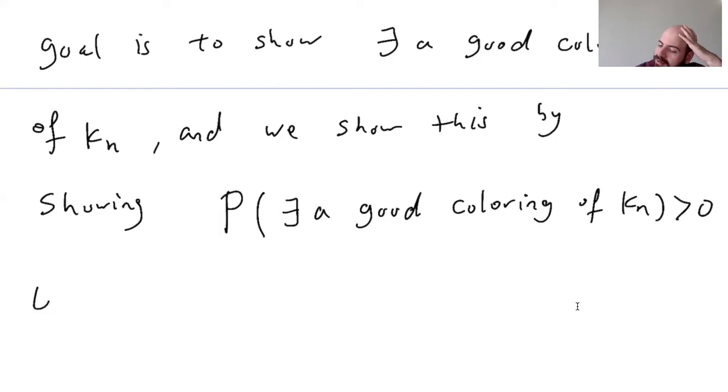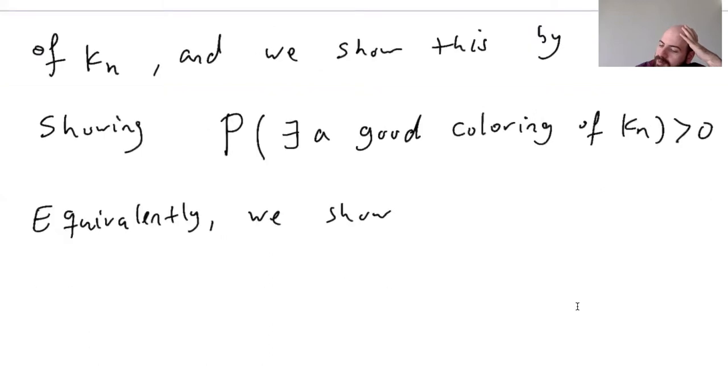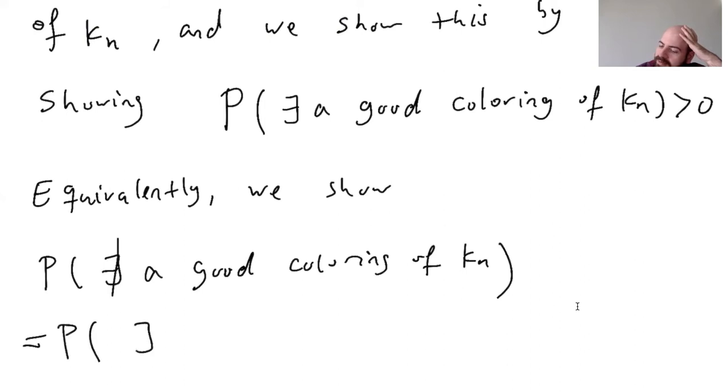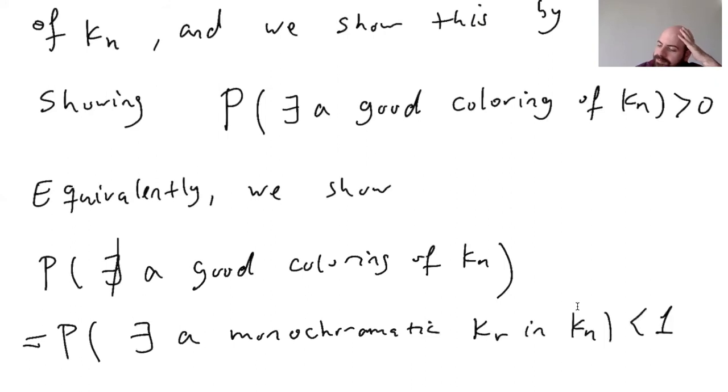So equivalently, we show that the probability that there does not exist a good coloring of Kn, which is the same as the probability that there exists a monochromatic Kr in Kn, is less than 1.